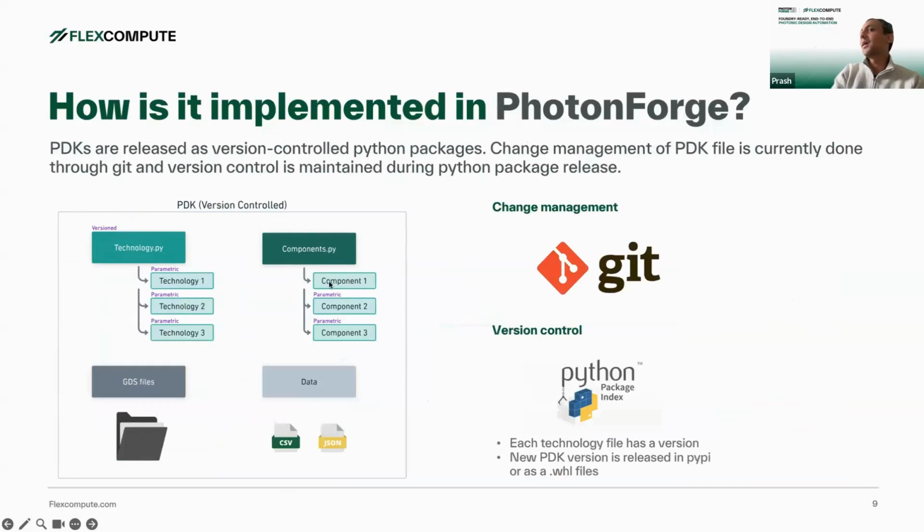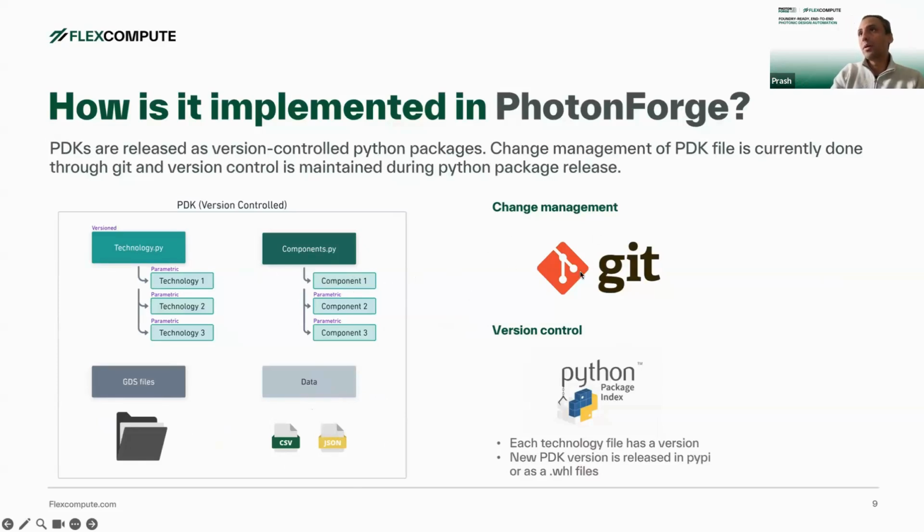The components can be either parametric or even just GDS files. So, for instance, if you looked at that earlier Cornerstone PDK, it came with a bunch of reference designs, and those are just going to be GDS files, and they may not be parametric. And in that case, you can have components that are just loaded from a GDS file. And then you can also have some data for your components inside this PDK.